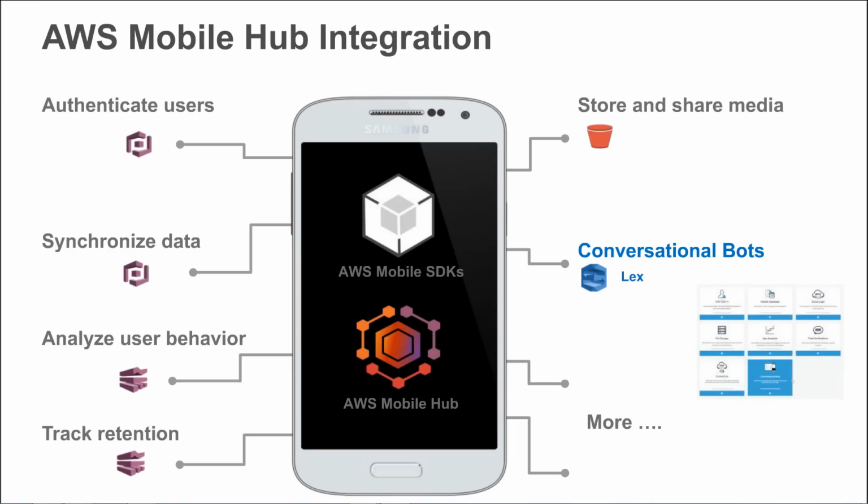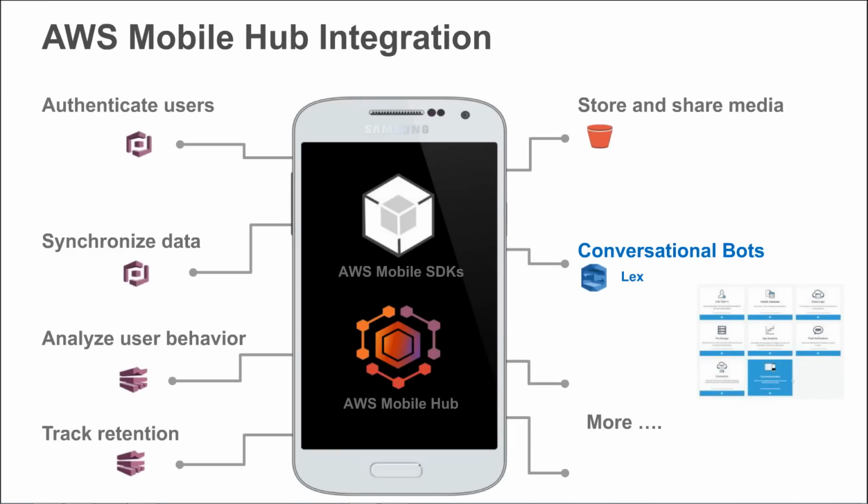We have tight integration with AWS Mobile Hub. You not only get the SDK and sample client from Mobile Hub, but you also have the Cognito piece embedded there, because when you have a client on a mobile phone, you need to be able to authenticate them and make sure that it's coming from a valid source before you start answering queries.